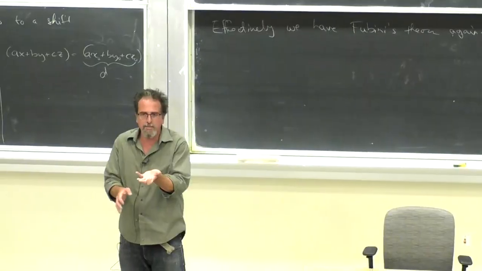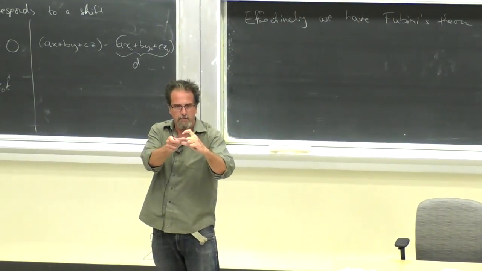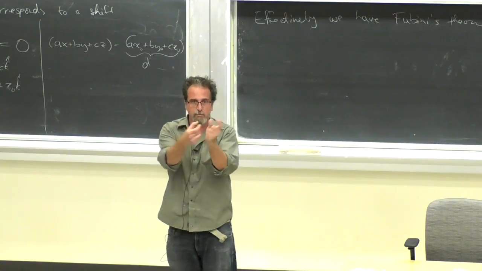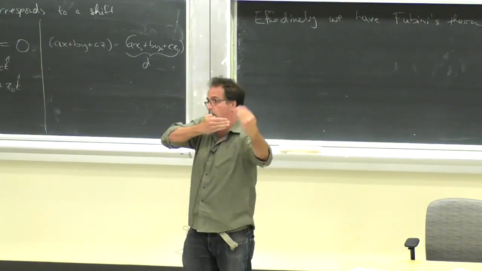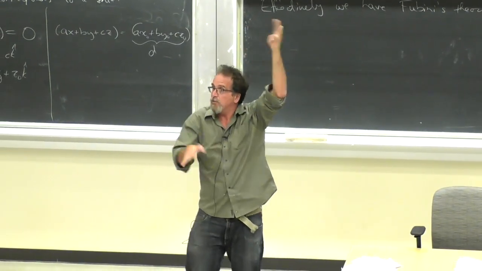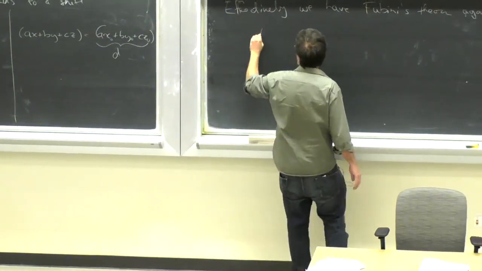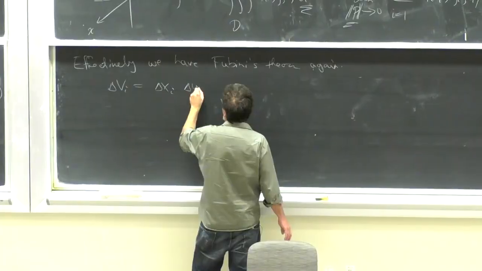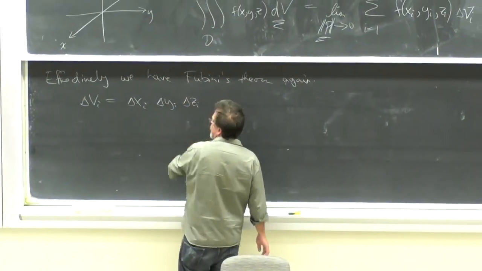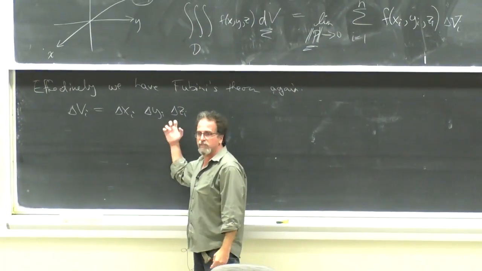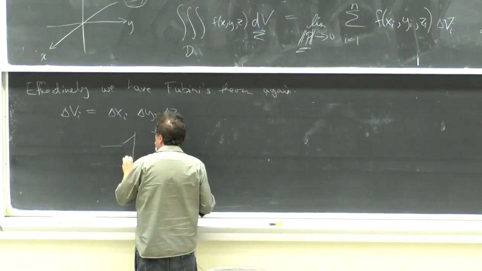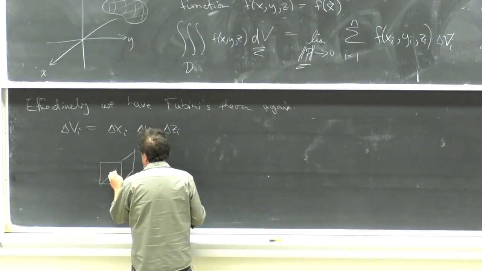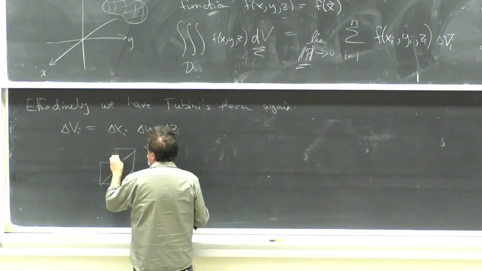When you chop all this up, each of these little rectangular prisms has a delta x this way, a delta y this way, and a delta z this way. So their volume, delta Vi, is equal to delta xi times delta yi times delta zi. I really don't want to belabor this point because I want to get to some examples, and this is theory that's almost too easy at this point.